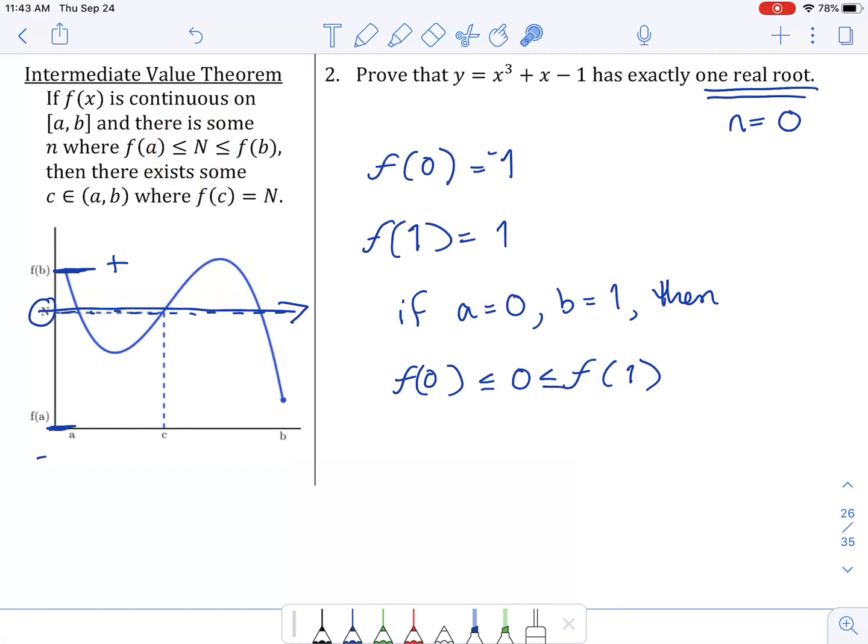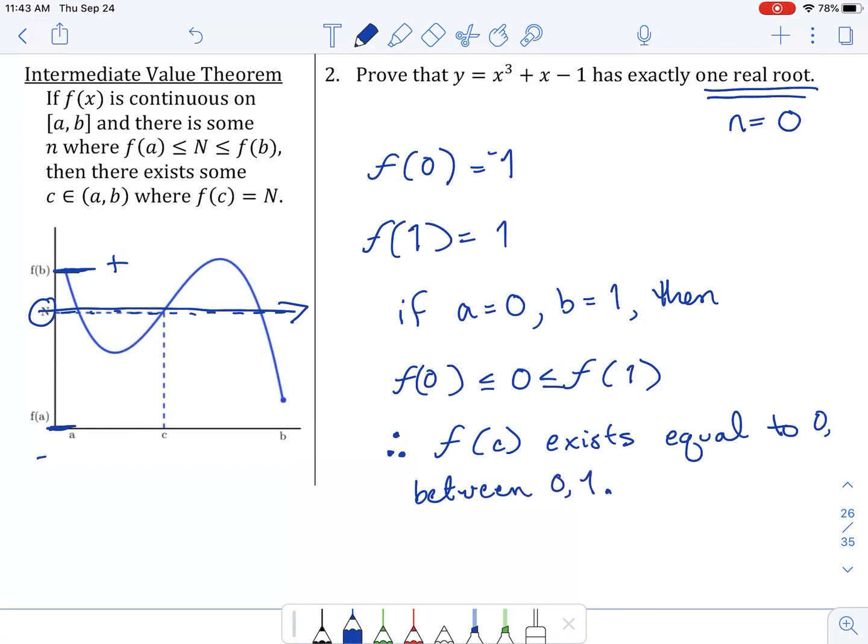If you want to add the or equal, that's just fine because that's coming from the function. So therefore, you can use the 3 dots for therefore, f of c exists equal to 0 between 0 and 1. Now, this is not the most nicely written proof.